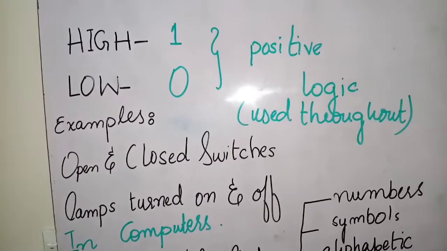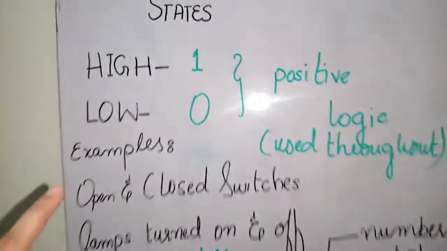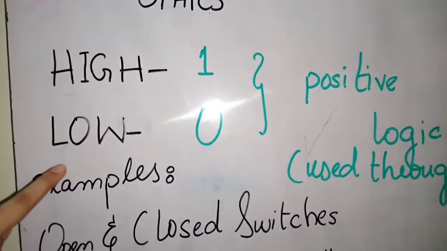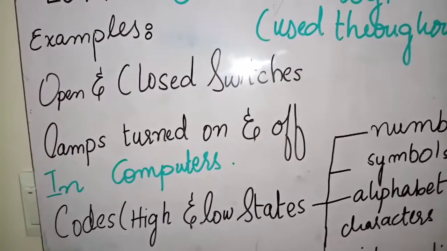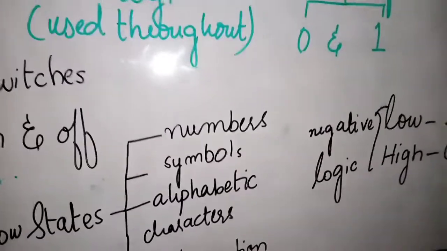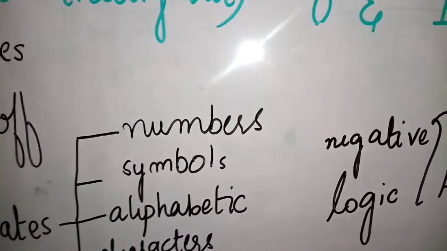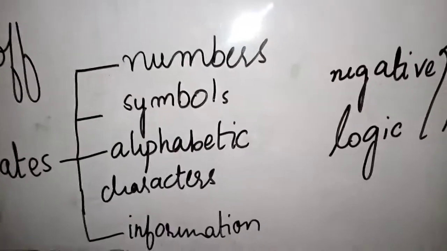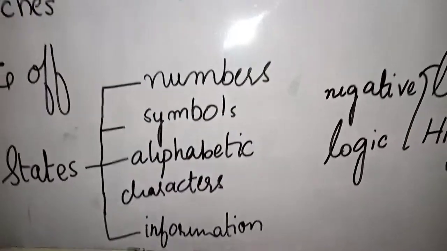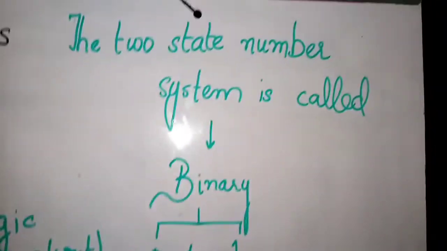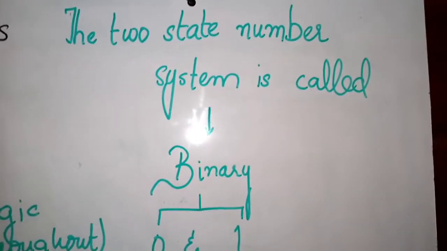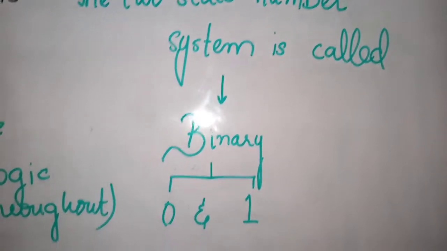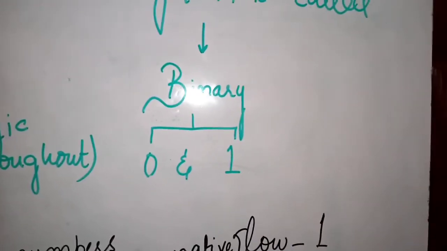In computers, these two states, the high state and the low state, are mostly called codes, and are used to represent numbers, symbols, alphabetic characters and other information. So the two-state number system is called a binary system, and it consists of 0 and 1.